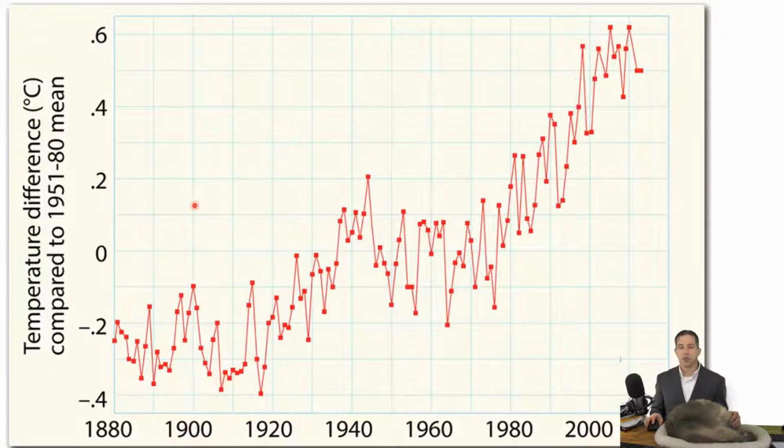Okay, so between 1951, which would be right about here, and 1980, which would be right about there, these numbers are bouncing back and forth. They're hovering around the 0 mark because that's how they actually defined this graph. They're comparing it to this 30-year average, so the numbers that are in that 30-year time period are going to be pretty close to 0.